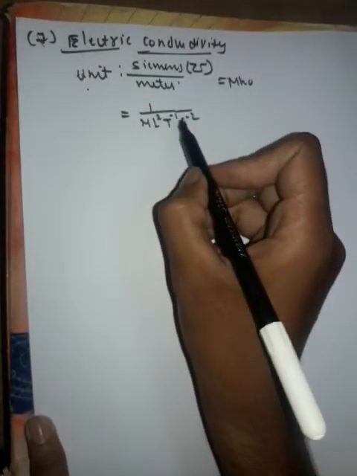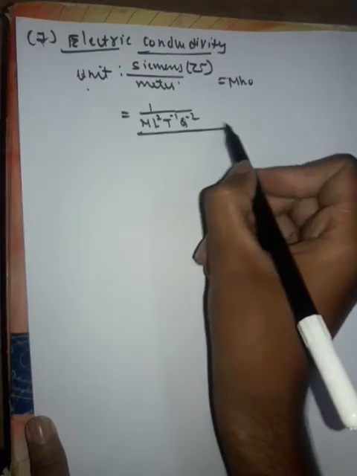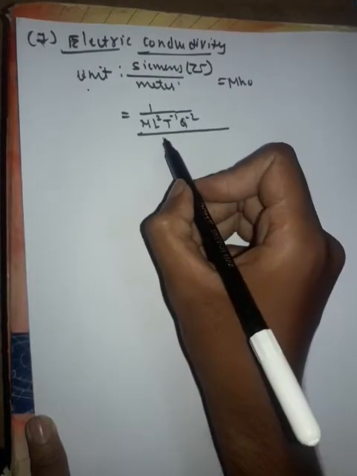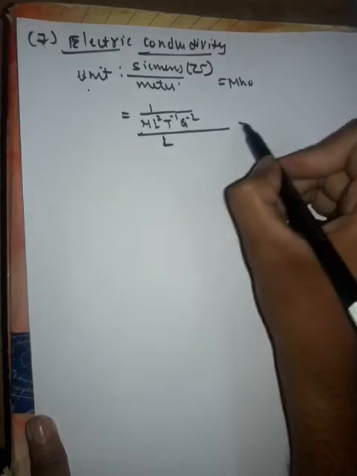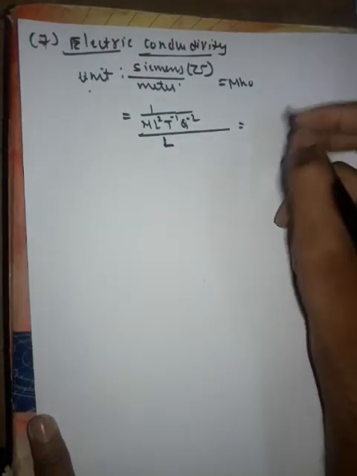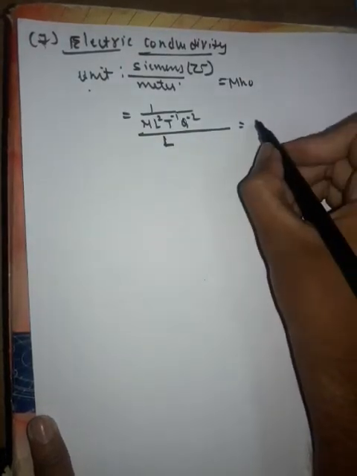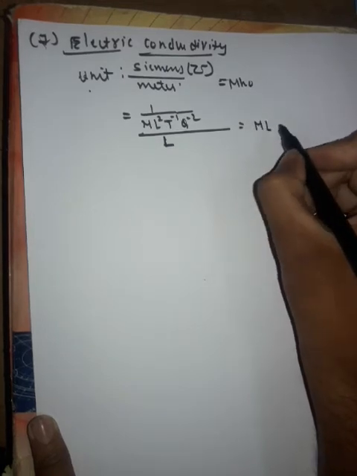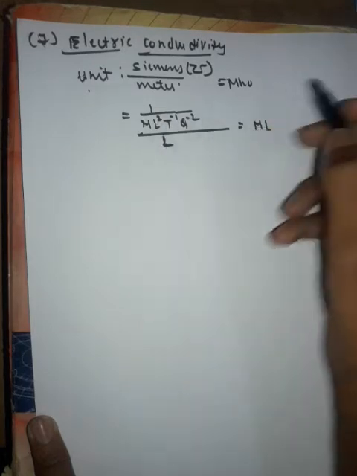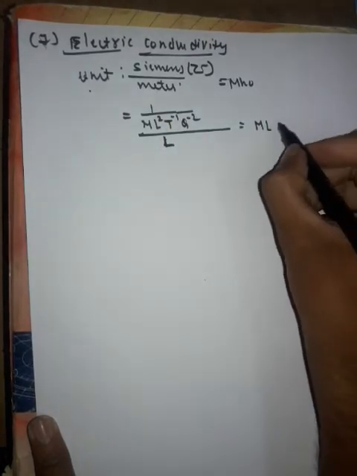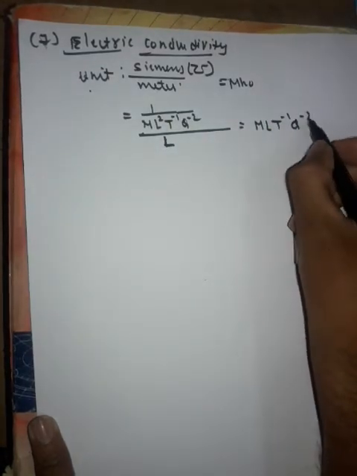This is the inverse of resistance, divided by meter. For meter I will take L. By solving this I will get M L, because this L cancels with 1 L, M L T power minus 1 Q to the power of minus 2. Okay.